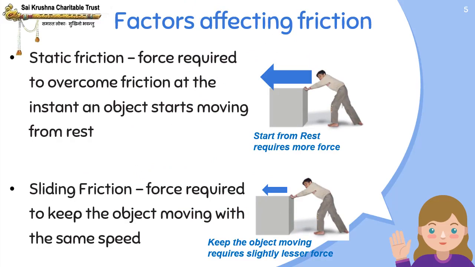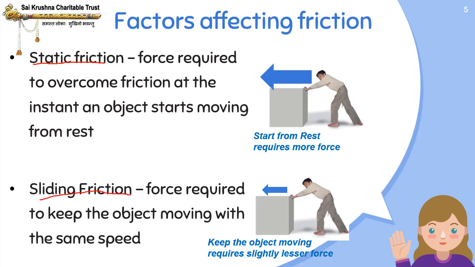So the force which is required to overcome friction when an object starts to move from rest, that is a measure of static friction. On the other hand, if a box is already moving and the force which is required to keep the object moving with that same speed, that's called sliding friction.